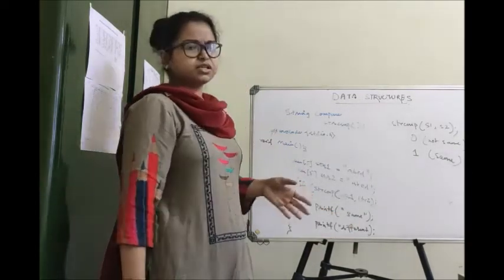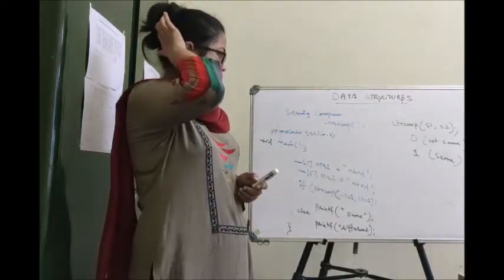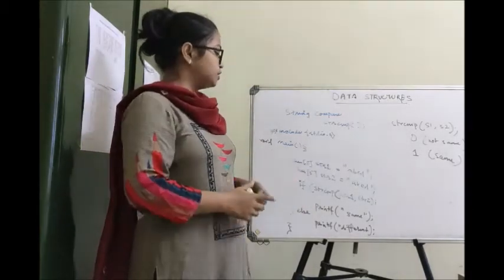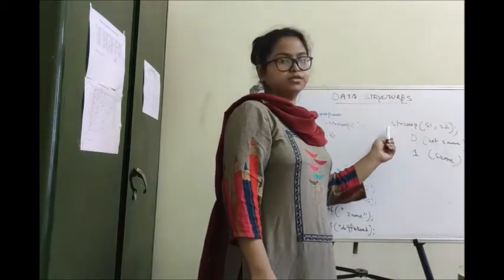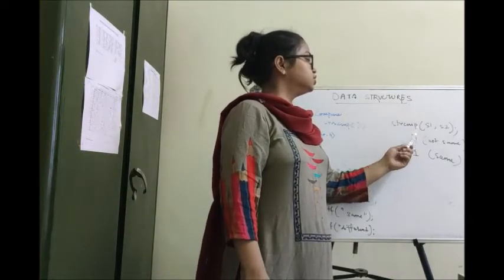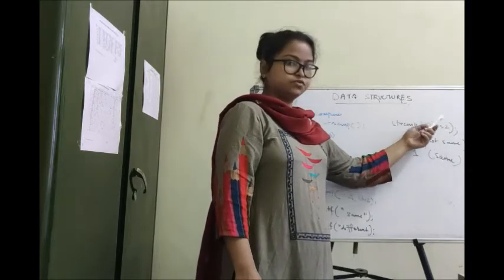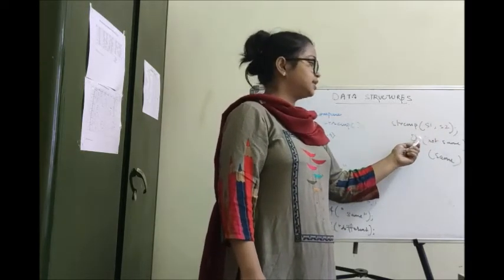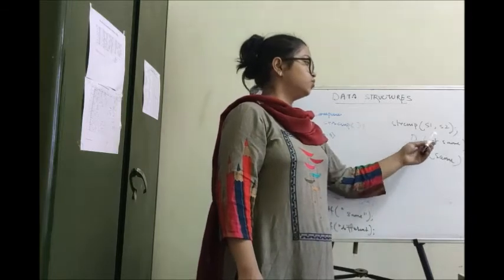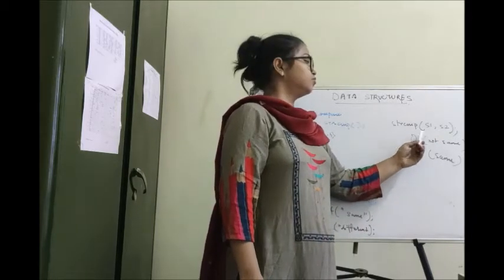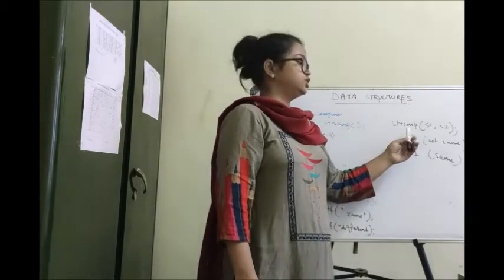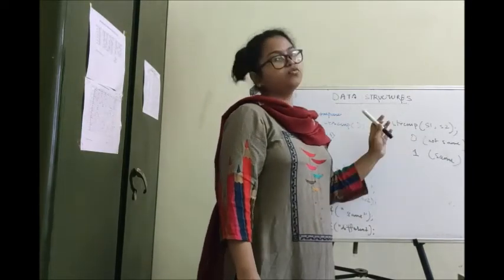I hope it is pretty simple logic. There is nothing to explain in here. All you need to understand is how string compare works. String compare will return 1 if both the strings provided as parameters are same. If they are different, then what will be returned? 0 will be returned. If same, then 1 will be returned.